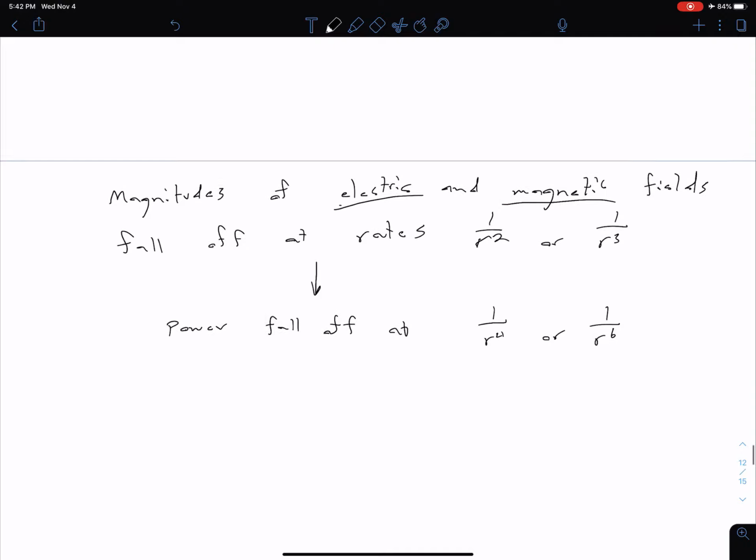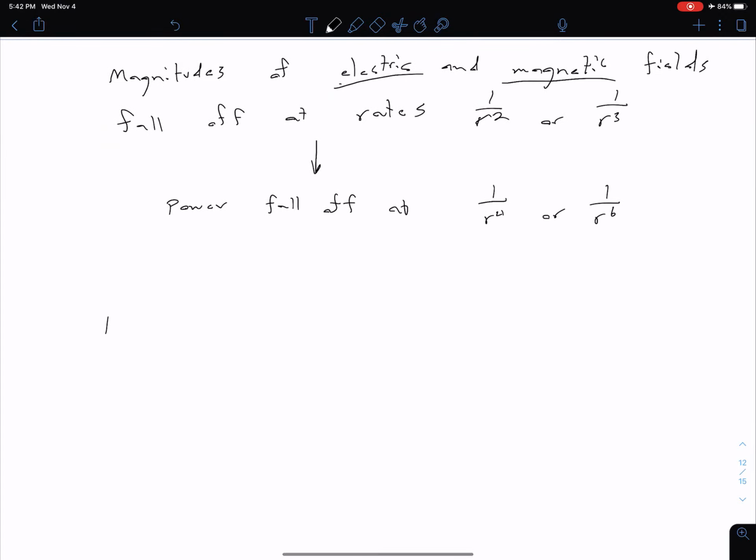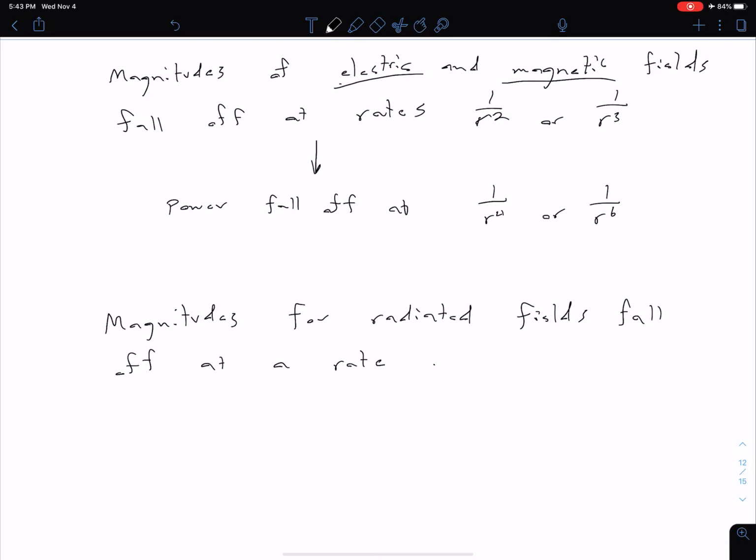But if we look at the magnitudes for our radiated fields, they fall off a lot more slowly. The magnitudes for our radiated fields are going to fall off at a rate of 1 over r. And again, you're just kind of having to take my word for this at the moment.